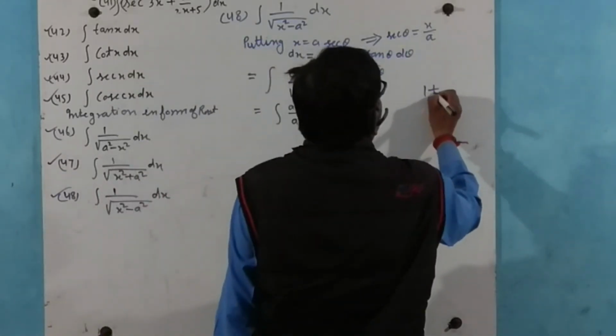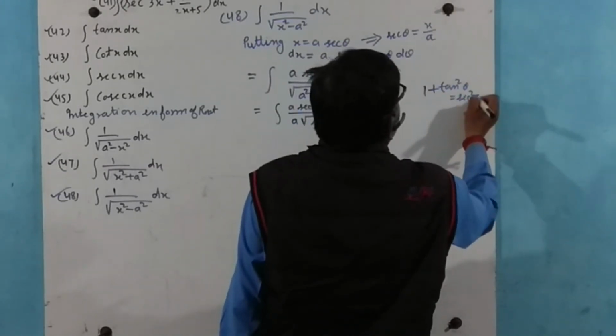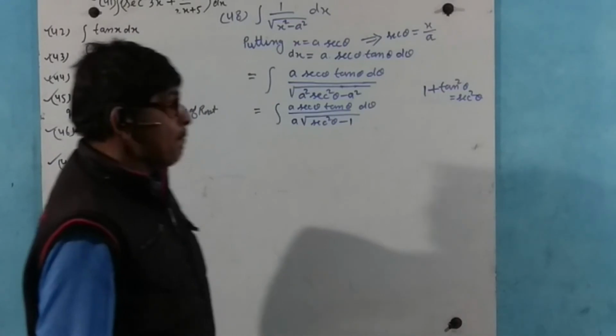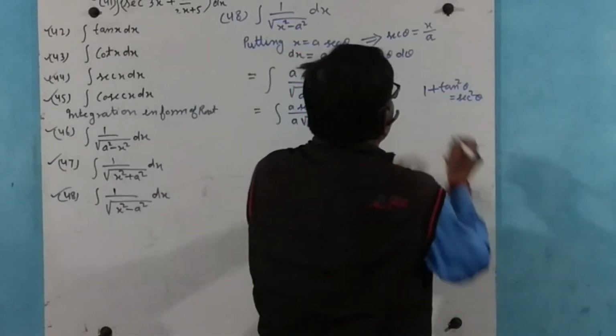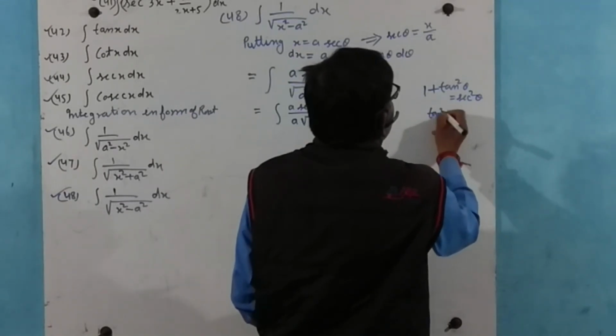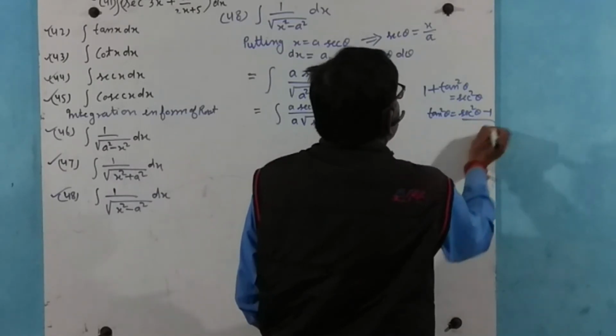As you know, 1 plus tan square theta equals sec square theta, so tan square theta equals sec square theta minus 1.